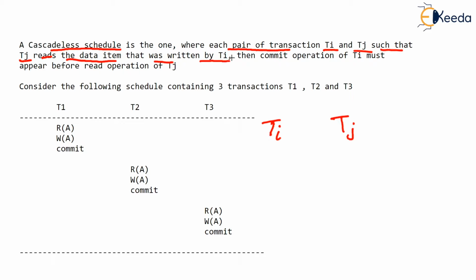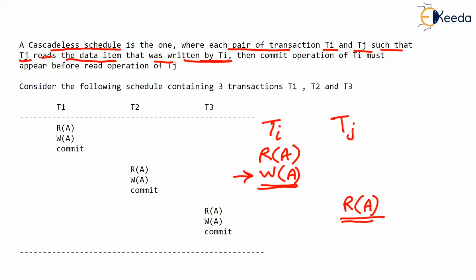So Ti may have read the data item A and written the data item A, and Tj is reading that data item A. Now check that Tj is reading data item A which was actually updated or written by Ti.